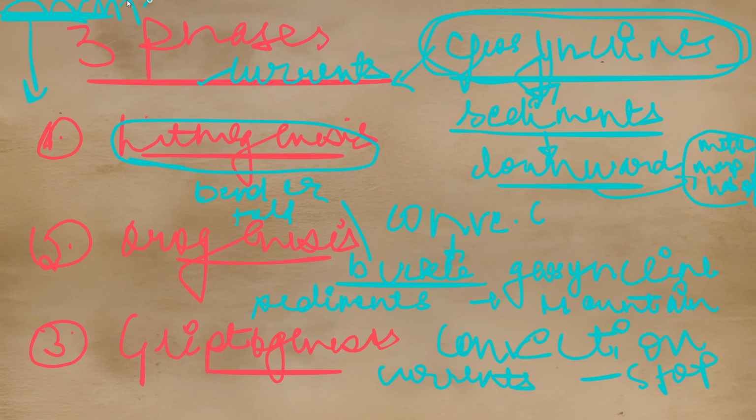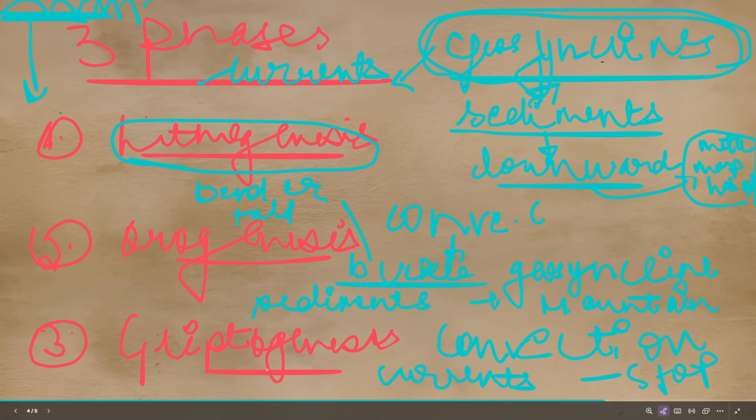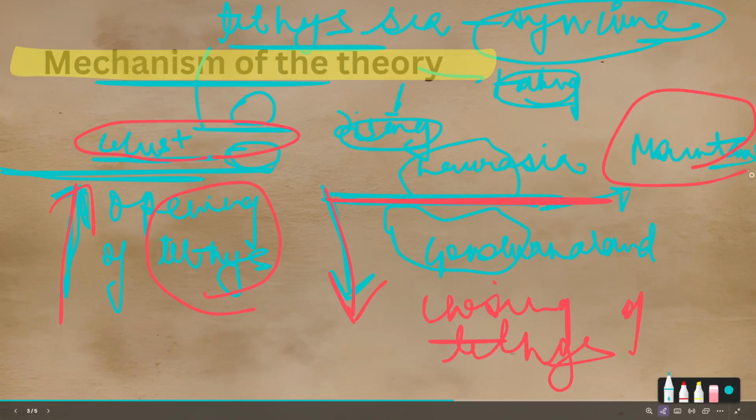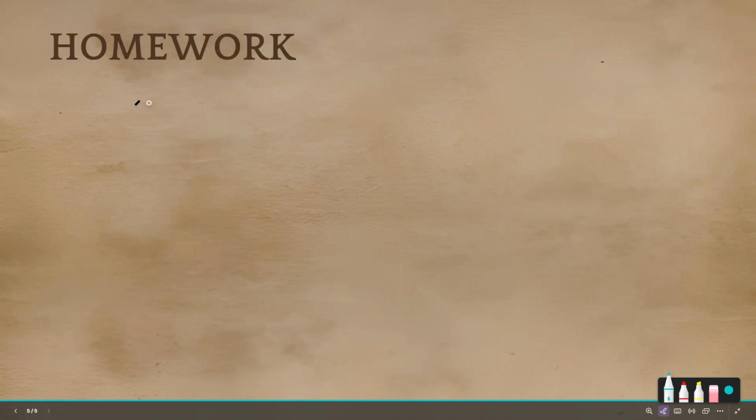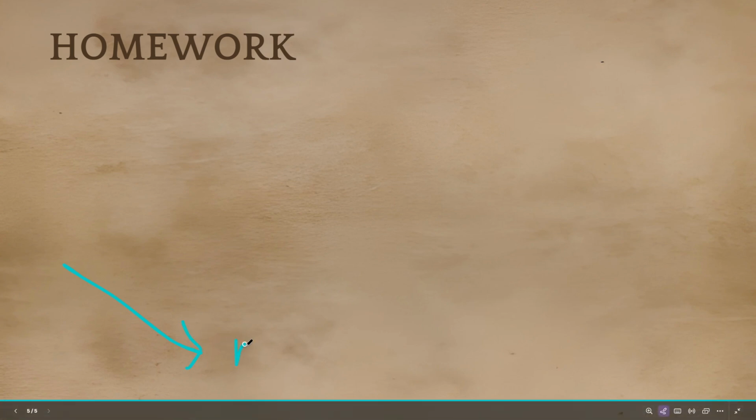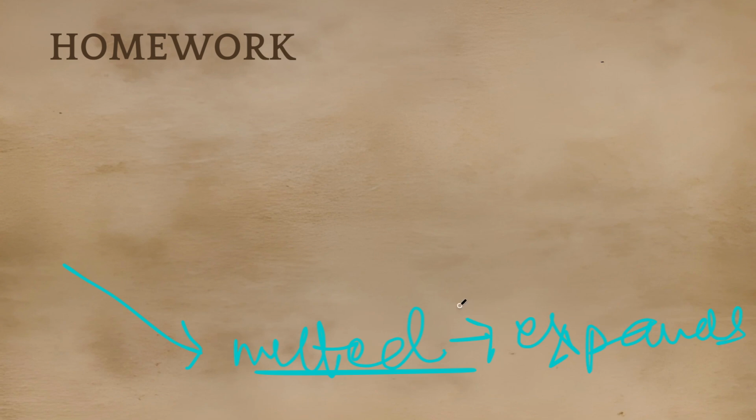There, because of intense heat, they melt and expand. So the expansion in the volume of molten agglomerate causes further rise in the mountains.